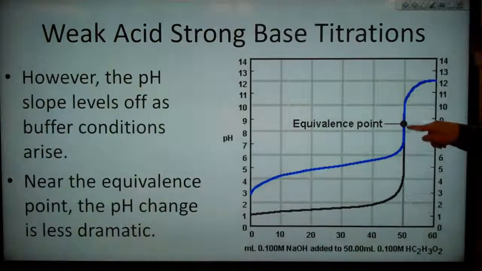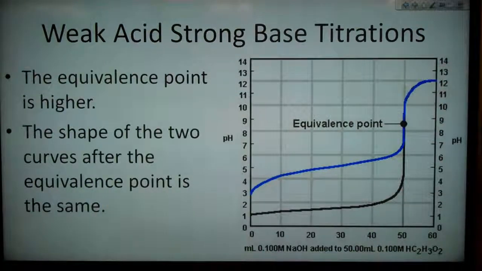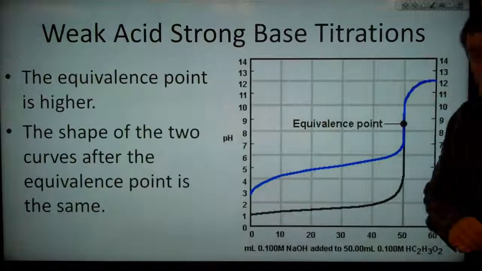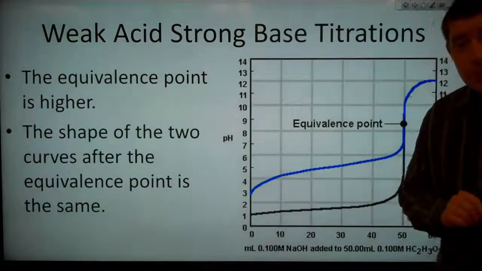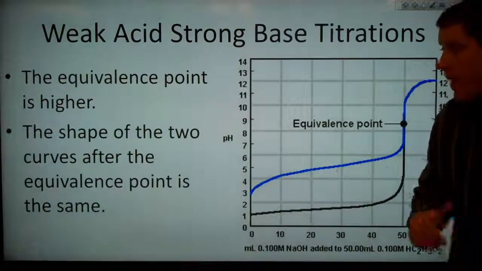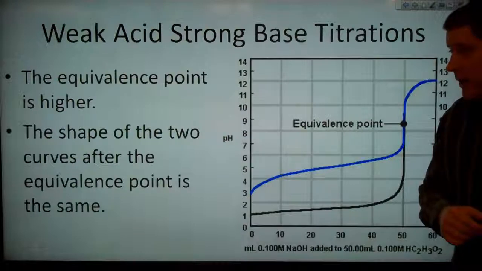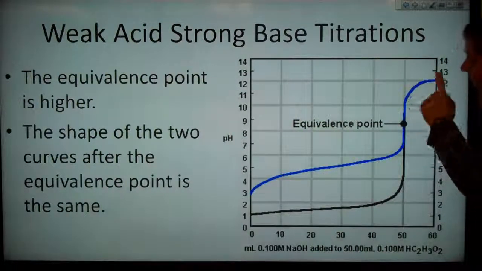Right? We're not changing the pH by nearly as much for the weak acid titration as for the strong acid titration. Again, the equivalence point is higher because at the equivalence point for the weak acid titration, we have a weak base left over. And that means the pH needs to be higher than 7. So the shape of the two curves after the equivalence point is then the same up there.